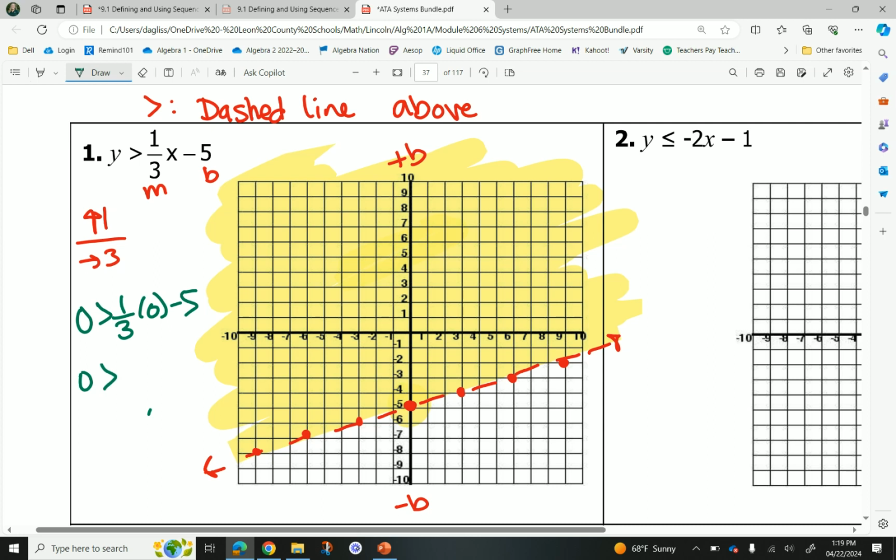Anything times 0 is 0. 0 minus 5 gives me -5. Is 0 greater than -5? Yes. So the origin is in my shade. That also tells you it's above. So you would plot that point and include that in your shade.